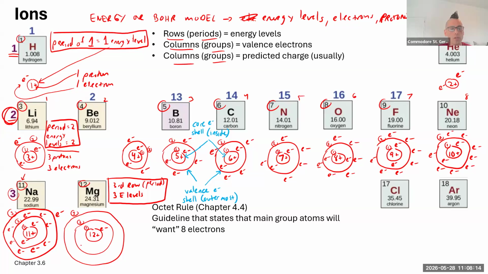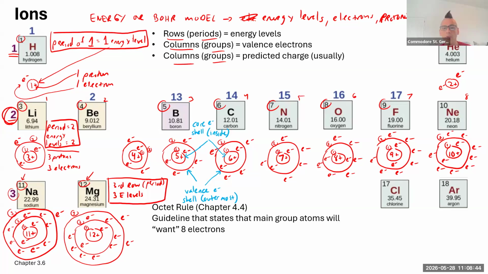We can only hold two electrons in the first energy level. We can hold eight in the second. So two, three, four, five, six, seven, and eight. Okay, we have 10 total. We need 12. If the first and second energy levels are full, we have to put those other two electrons in the third energy level.